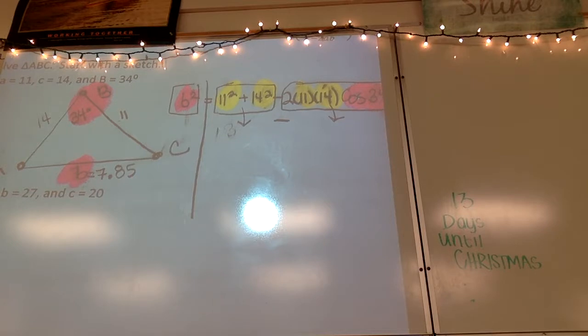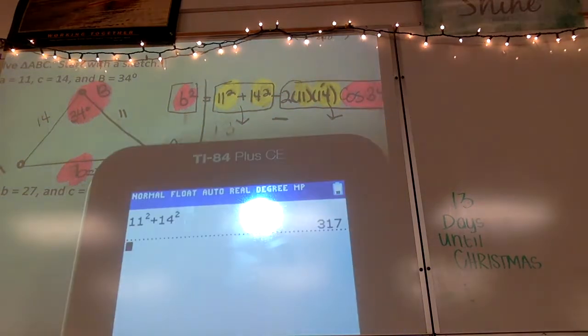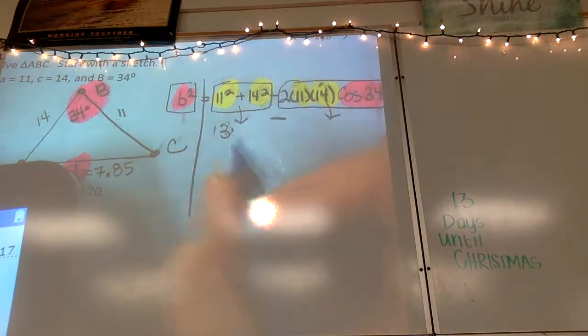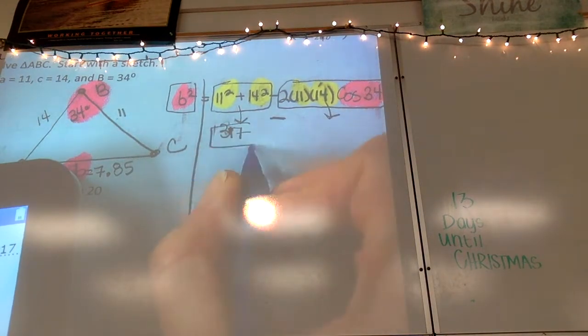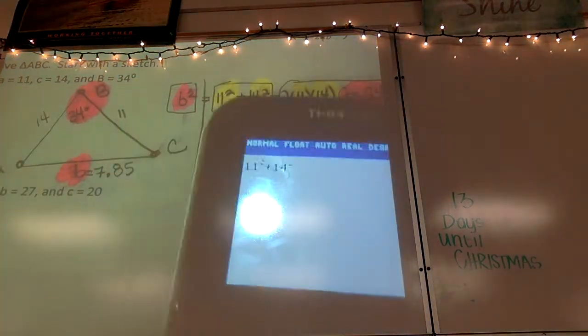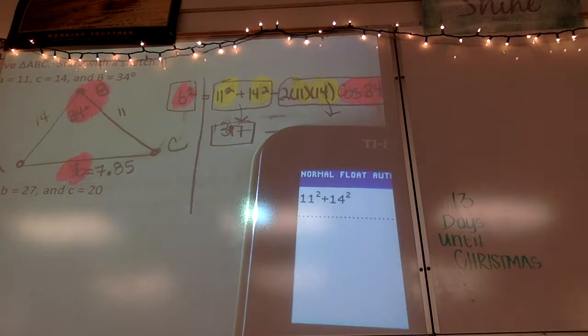People without the calculators like this, I'm going to show you how to do this. So if you don't have a fancy calculator, pay attention. You need to know how to do this. So you take 11 squared plus 14 squared, and that's 317. So that goes here. Minus. Then type in your calculator 2 times 11 times 14.